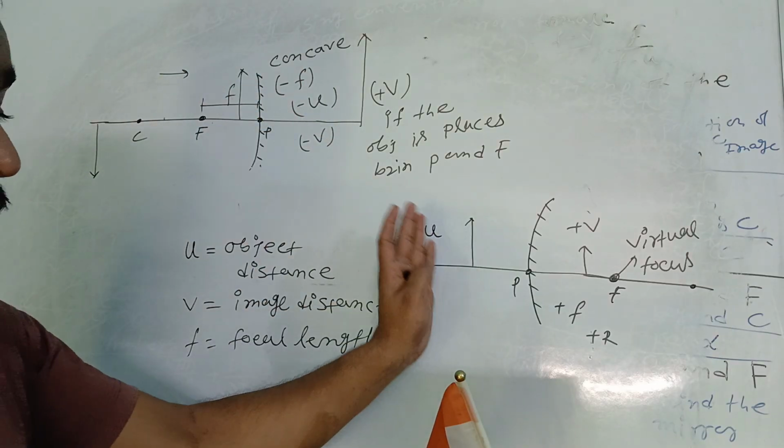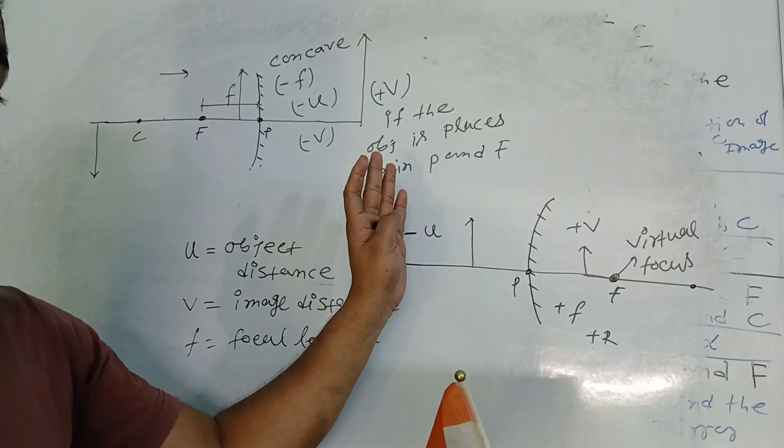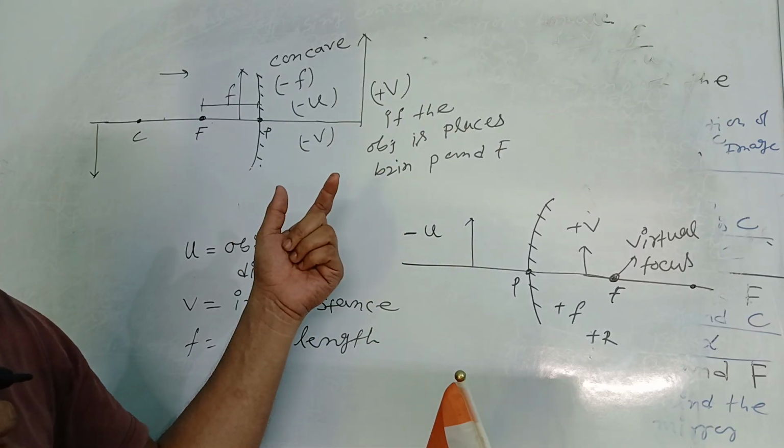And for convex, v positive, f positive, u negative.